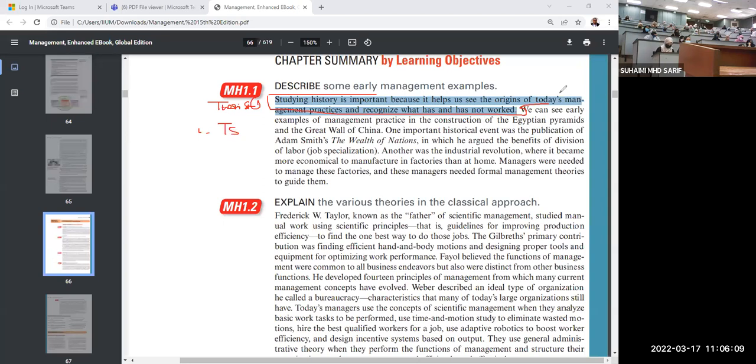Origin, root of management practice. Then what to do? Explain what it is actually about. Why is this related to management? That is for the first point. This is your second paragraph.